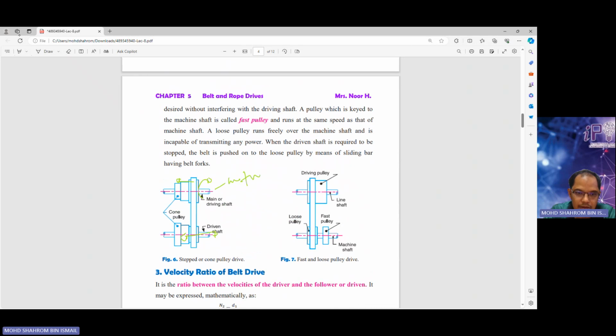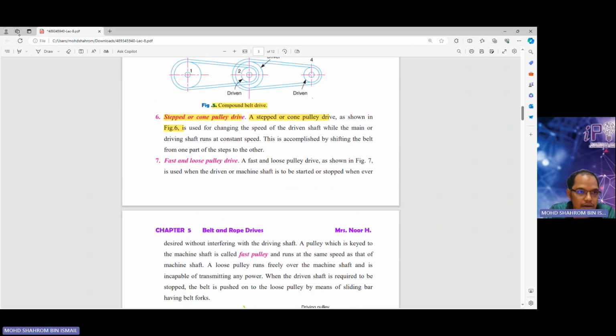and maybe lastly, if we can discuss a typical type of belt. Here we got fast and loose pulley drive. A fast and loose pulley drive, as shown in figure 7, is used when driven or machine shaft is to be started or stopped whenever desired, without interfering with the driving shaft.